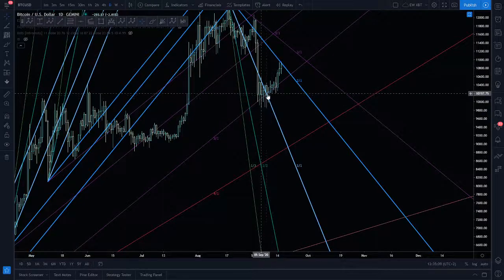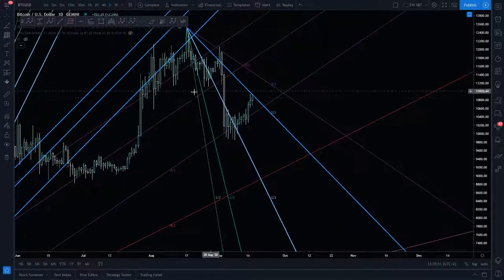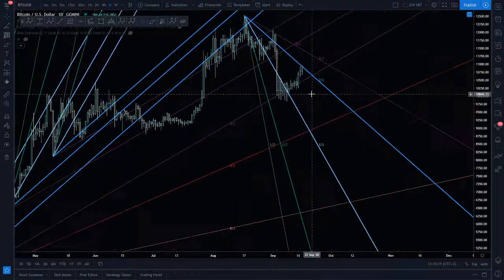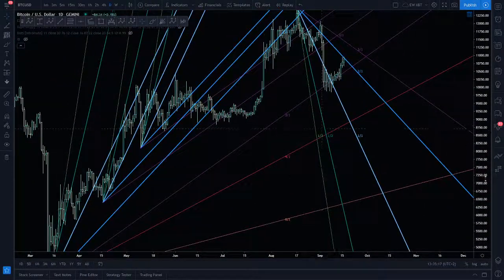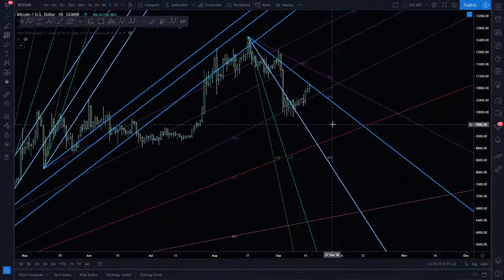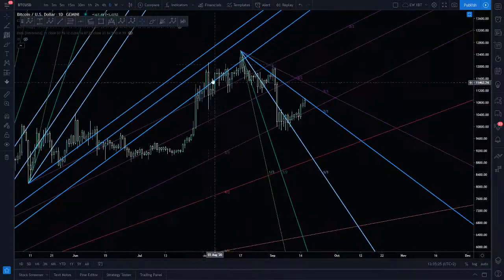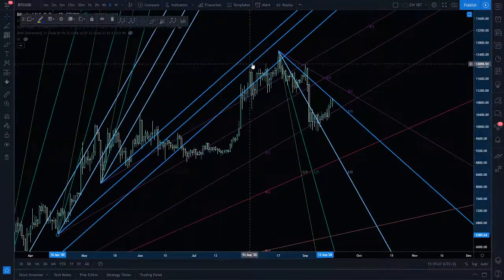This line is not perfect, right? As you can see, these are not perfect lines. There might be a small problem with my scaling, like it might be half a degree off. But as you can see, price moves a lot around these. Got rejected here, fat rejection, touch, boom.